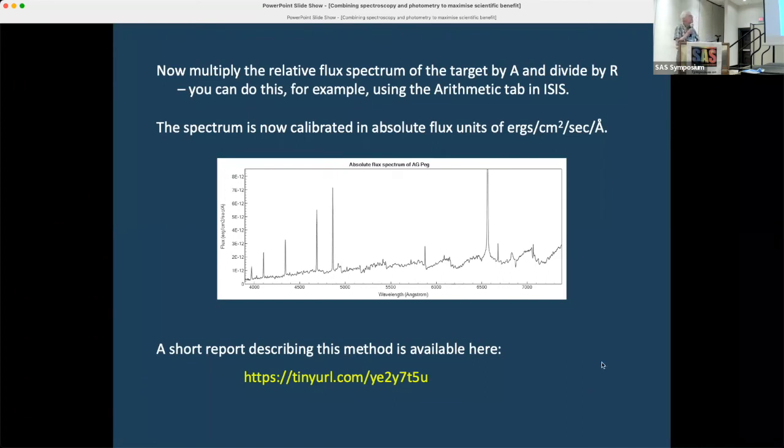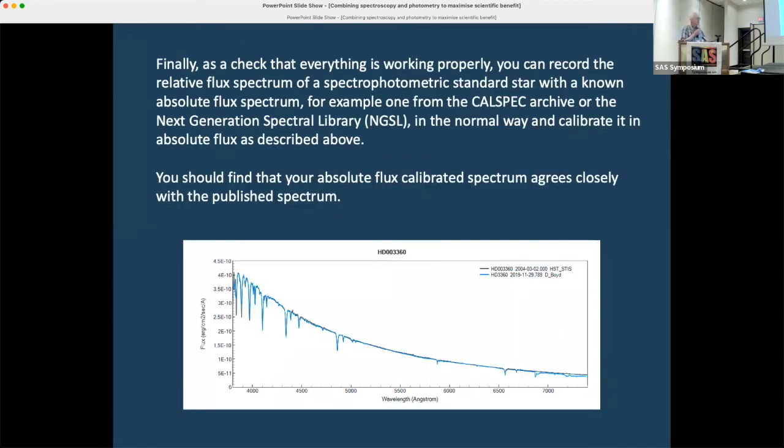Next slide, please. So finally, if you're skeptical like me and you're not sure, is this all true? Will this really work? What you should do once you've calibrated your own filter is go and test it yourself by measuring a star with your own spectroscope, say one for which you can get an absolute calibrated spectrum, say another star from CalSpec or from somewhere like the Next Generation Spectral Library, and go through the process.